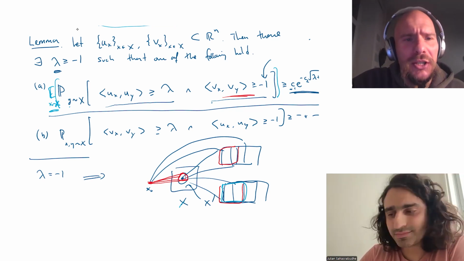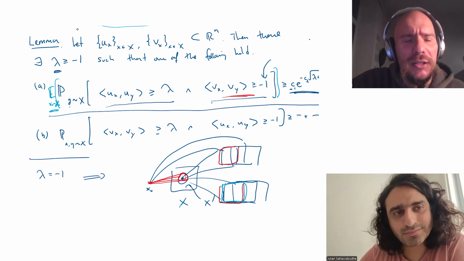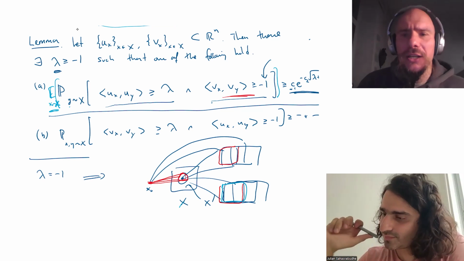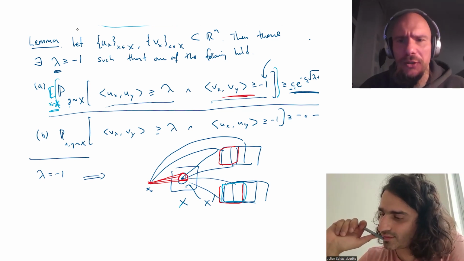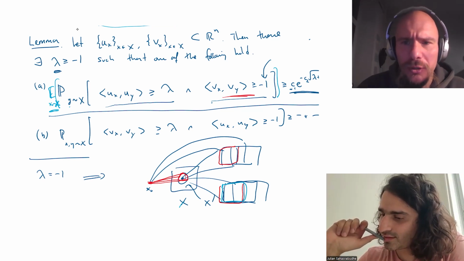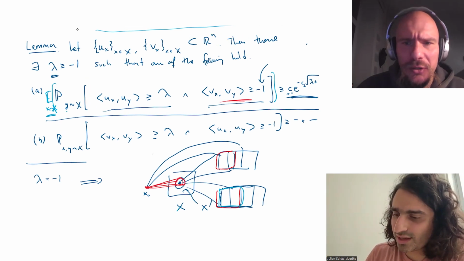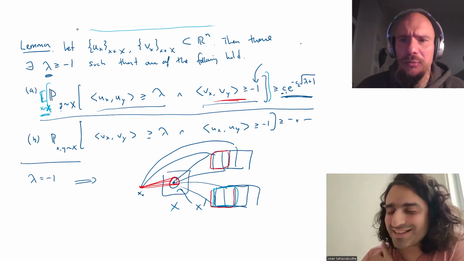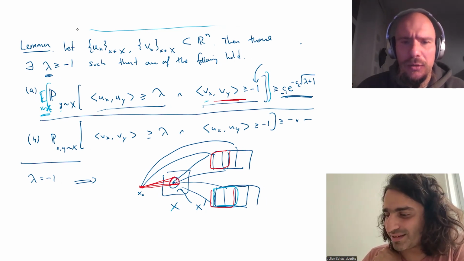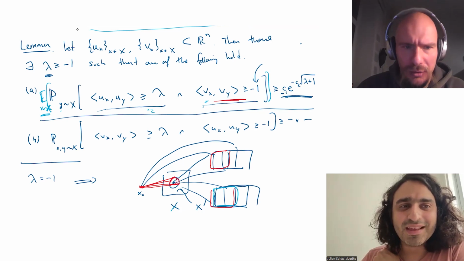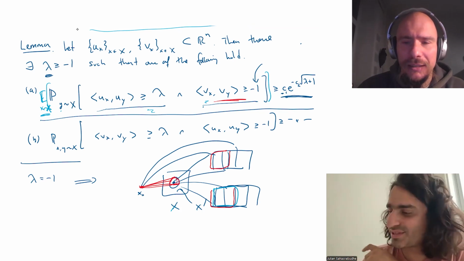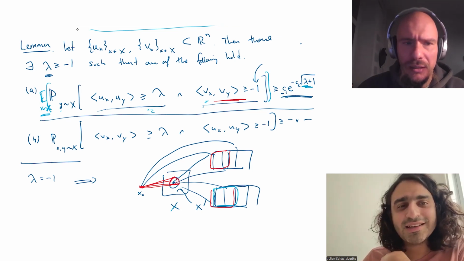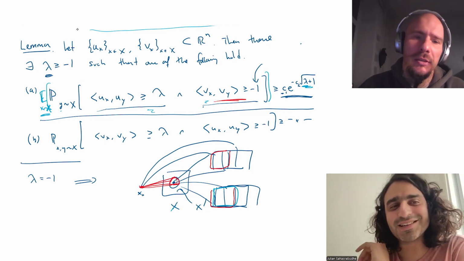Because you say the statement for any vectors, but this -1 condition would look very different if your vectors are long or short. Yeah, I agree. It looks a bit strange, right? It seems like these things depend on your scaling. But actually the lemma is still true, because your probability bound also will depend on your scaling.